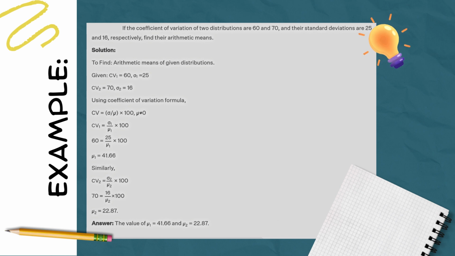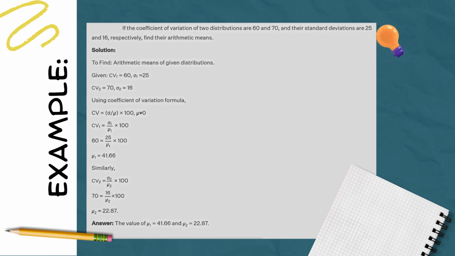Solution to find arithmetic means of given distributions. Given CV1 is equal to 60 and the population standard deviation 1 is equal to 25. The CV2 is equal to 70 and the population standard deviation 2 is equal to 16.